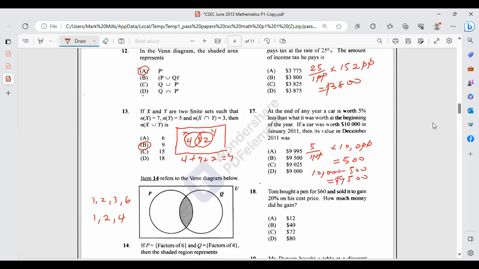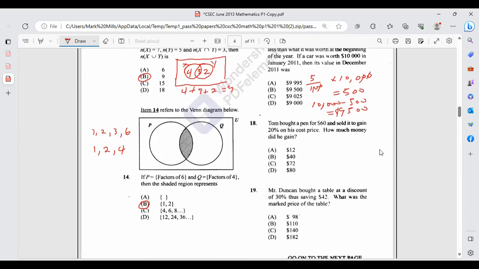Number 18. Tom bought a pen for $60 and sold it to gain 20% on his cost price. How much money did he gain? What will I do? 20 over 100 times 60.